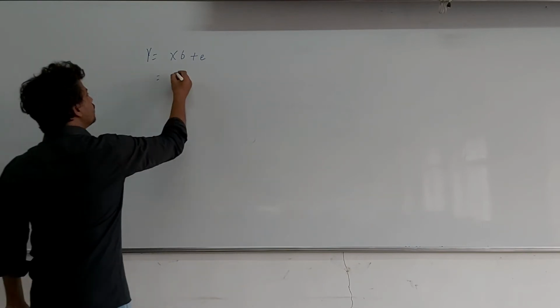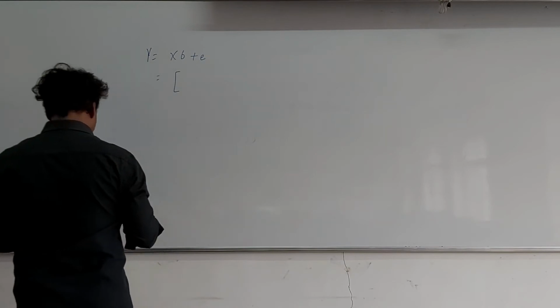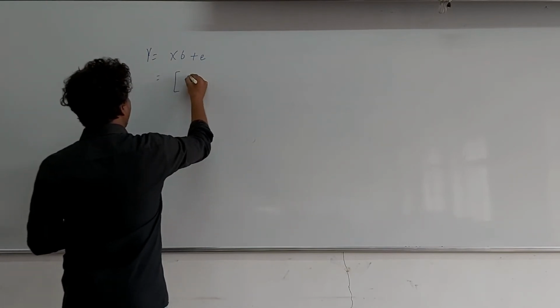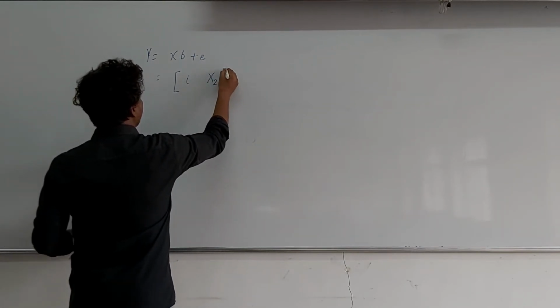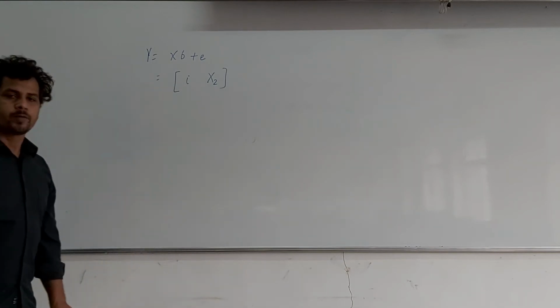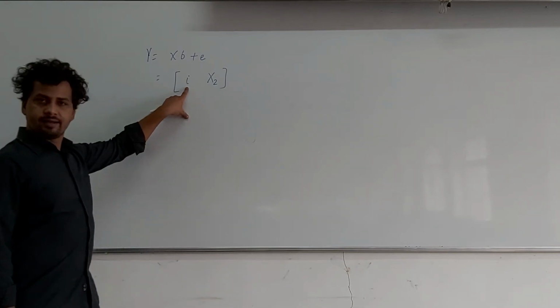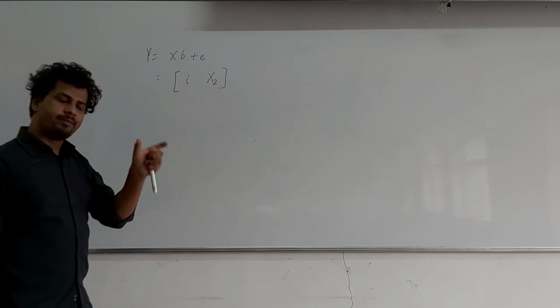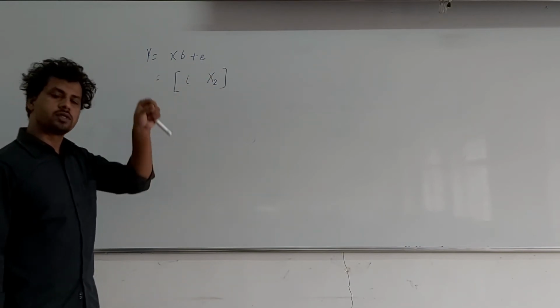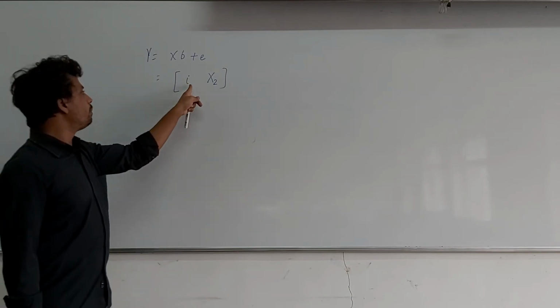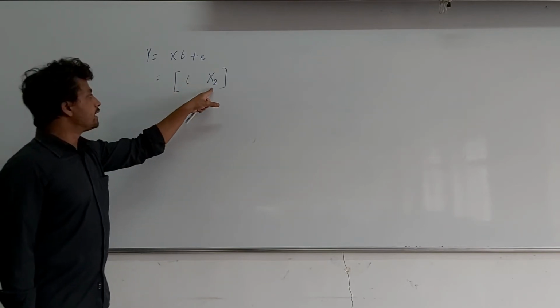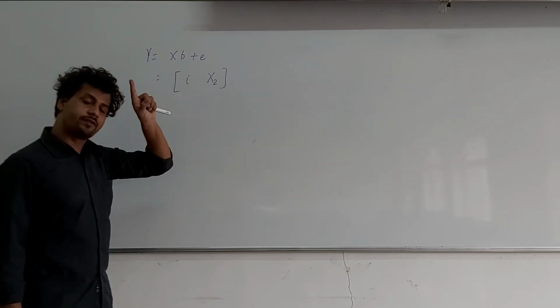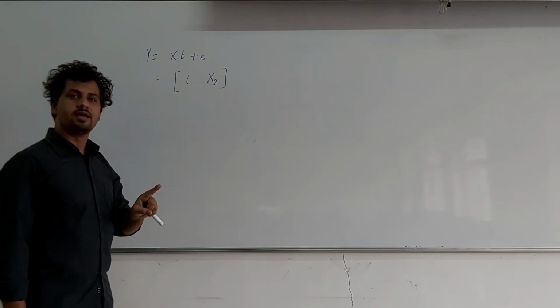So let me write it as y can be written as [I X2], where I is a column vector consisting of 1s. So the first column of the data matrix, which is only 1s, we have separated and written separately.